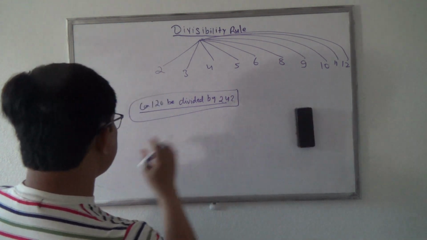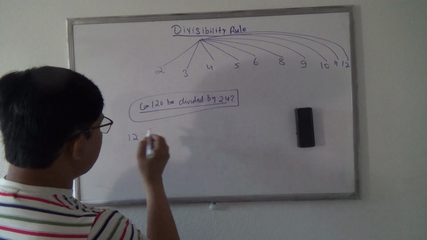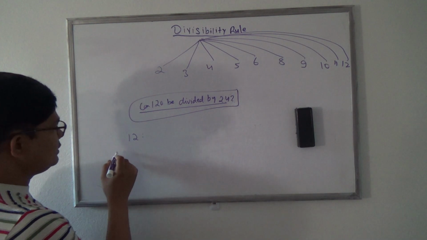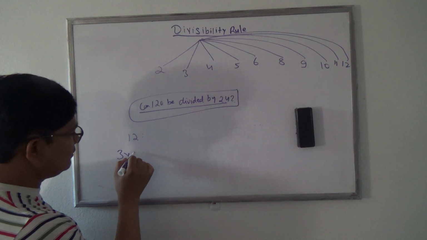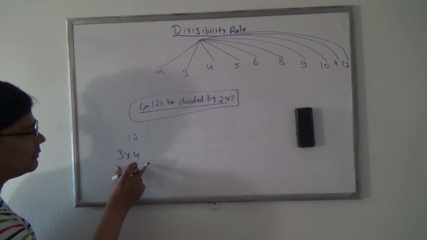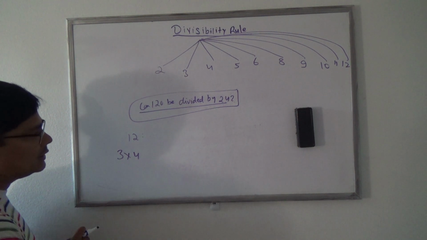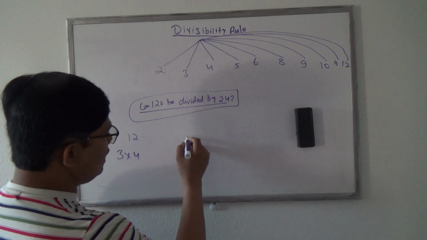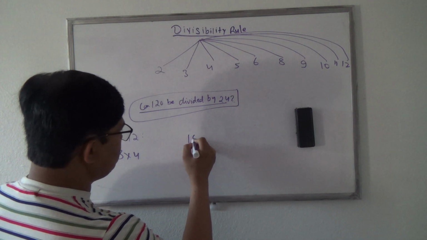And what about 12? 12 is the same as what we did for 8 and 6. Just try to find out if the number can be divided by 3 and 4. If the number can be divided by both 3 and 4, it means the number is divisible by 12. Let's try one example. 156.